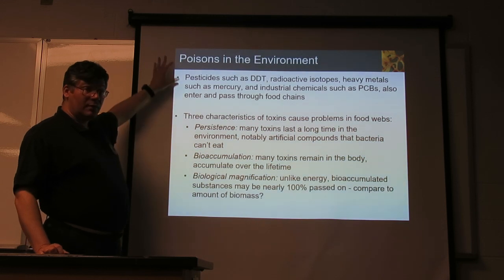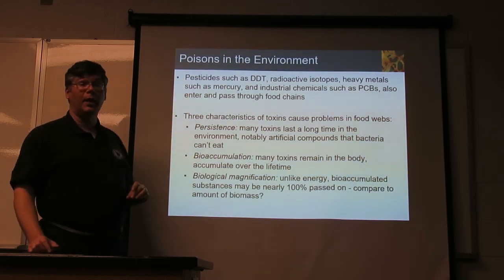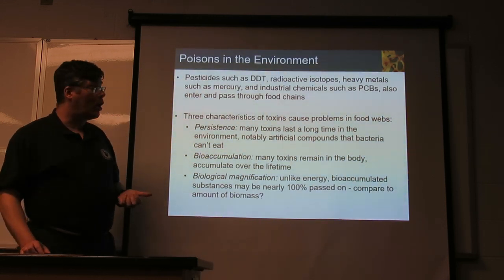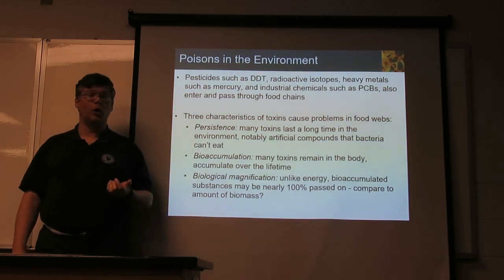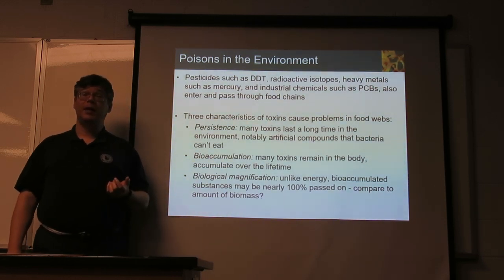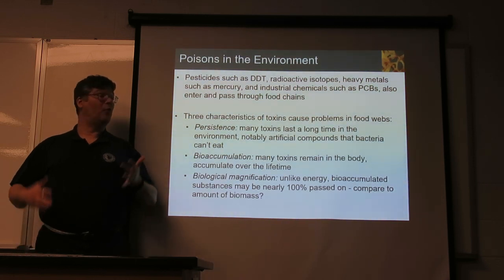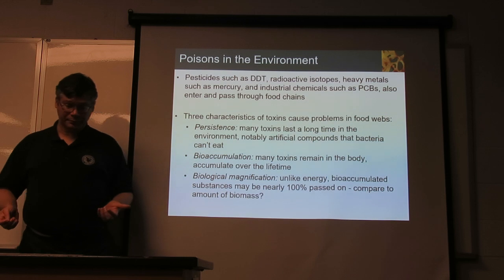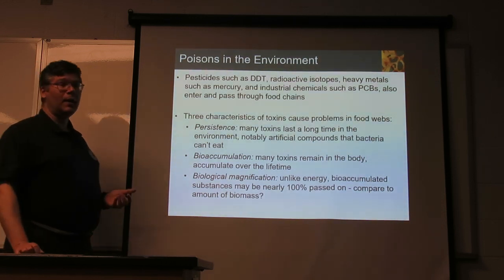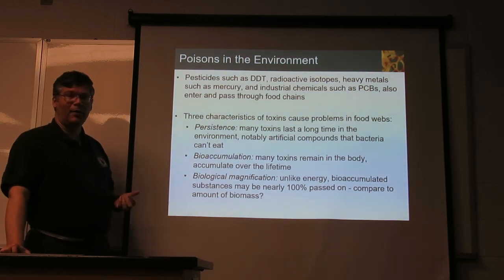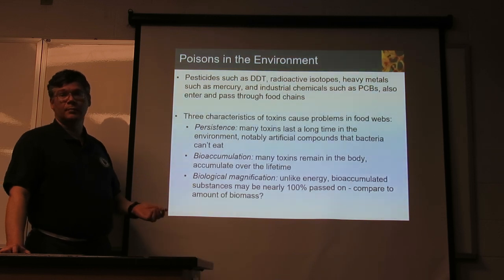This tends to especially be a problem in water habitats, freshwater or ocean, because there tend to be a lot more steps along the food chain there than on land. For example, we might eat cows that ate grass.